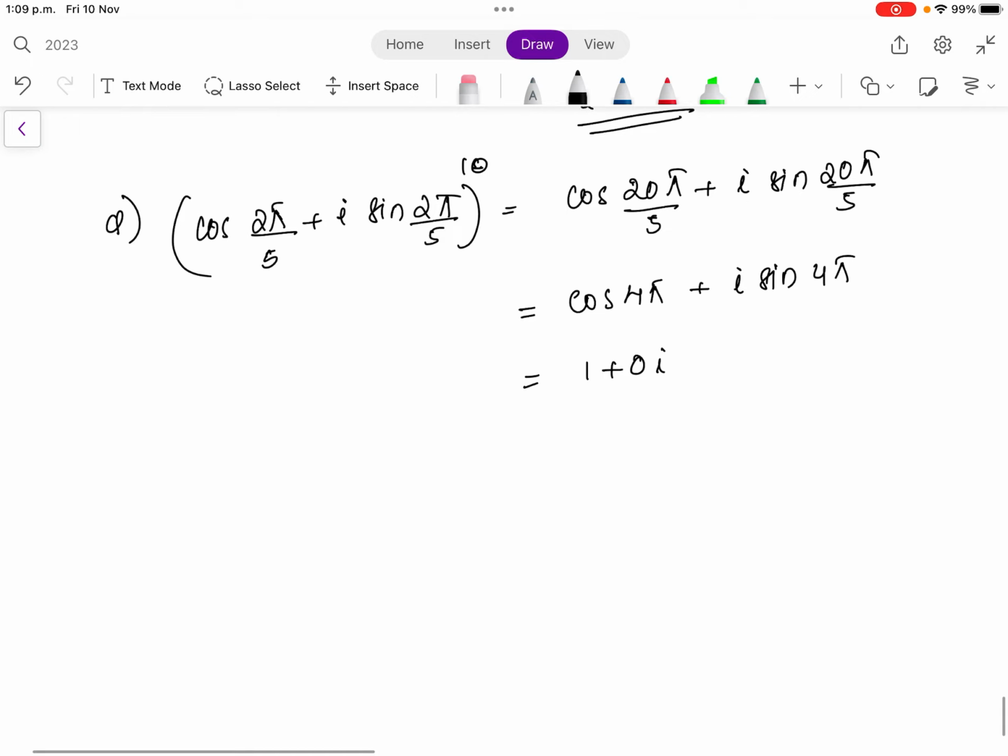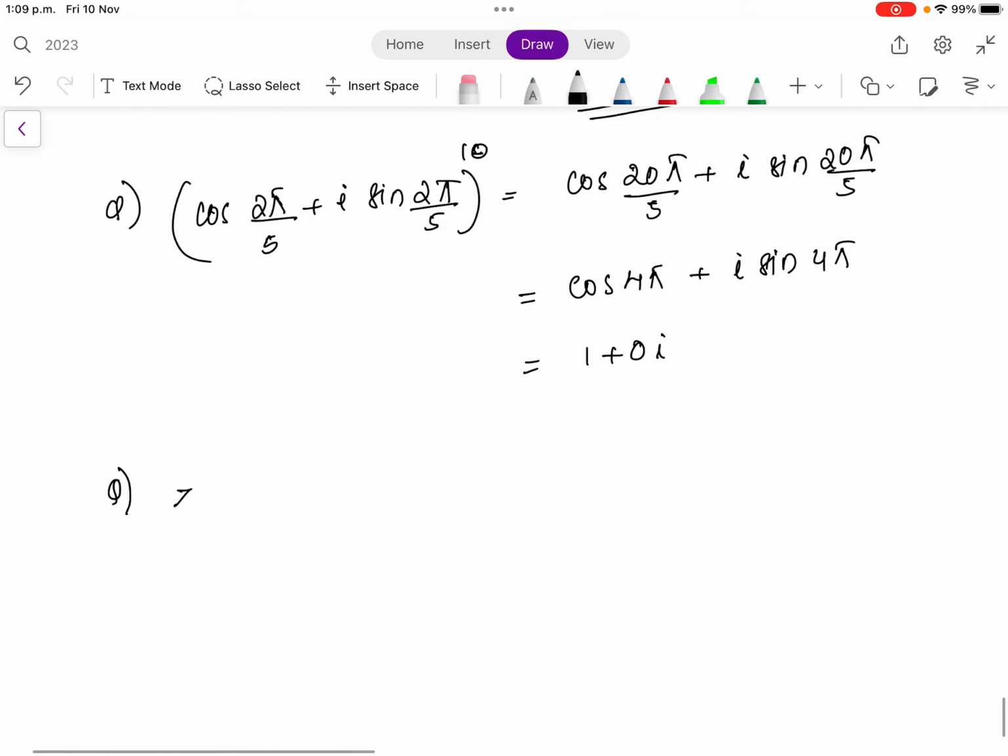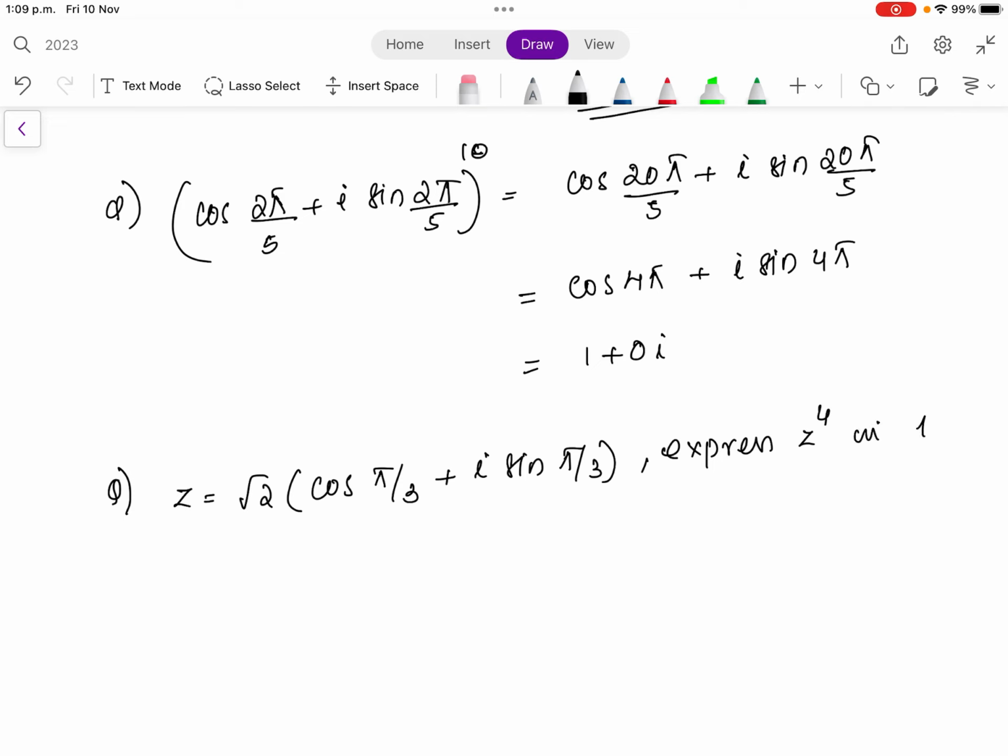Now if you have a question like z is equal to root 2 (cos pi/3 + i sin pi/3), express z to the power of 4 in the form a + bi.